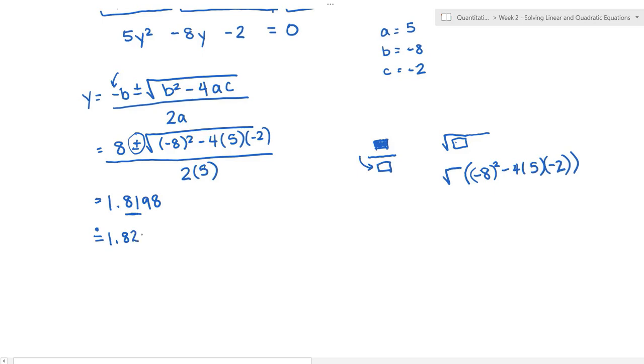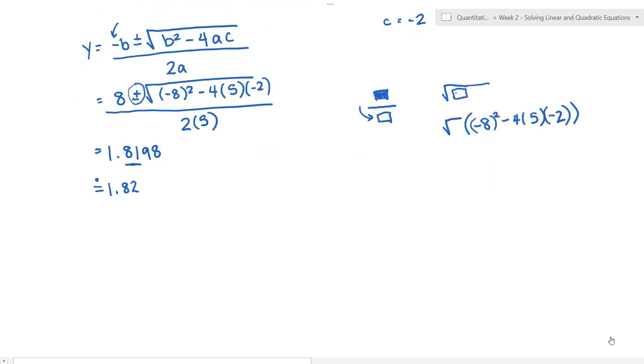So I get 1.82. Now I need to recalculate this answer, this time using the minus sign over here instead of the plus. So I'm going to retype this equation with the minus sign.